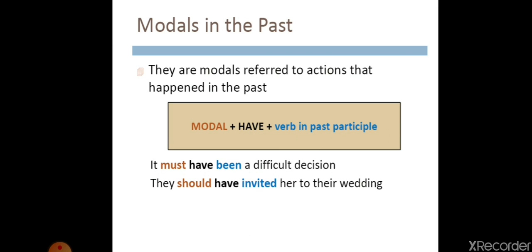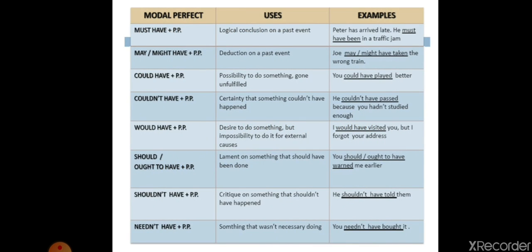They should have invited her to their wedding. So we are saying that the modals are being followed by have plus V3 to show that this action has already occurred in the past. Now there are some modals with the past participle form and we are going to see their uses along with the examples.